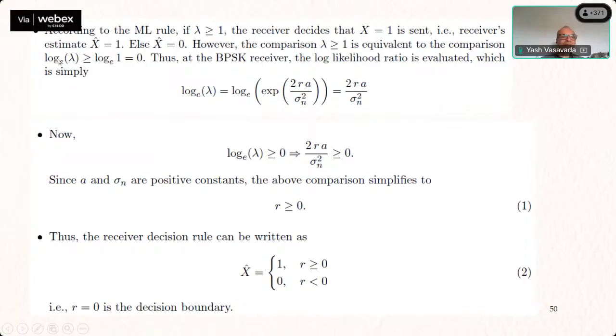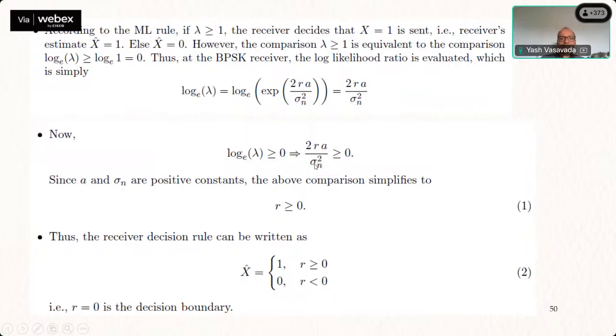That is because comparing lambda to 1 is the same as comparing log base e of lambda to 0. The reason why mathematicians took the logarithm of lambda is because logarithm and exponent are inverse functions, so they cancel out. And so I have to just compare 2RA divided by sigma n squared against 0.